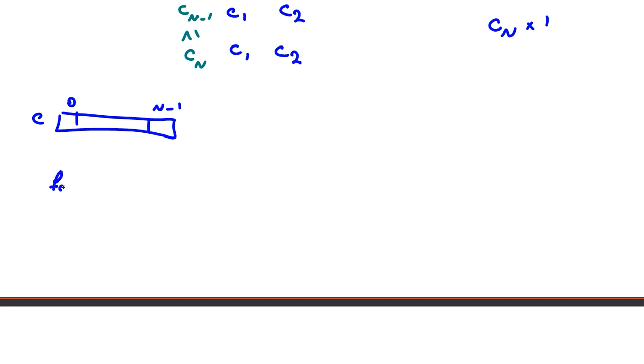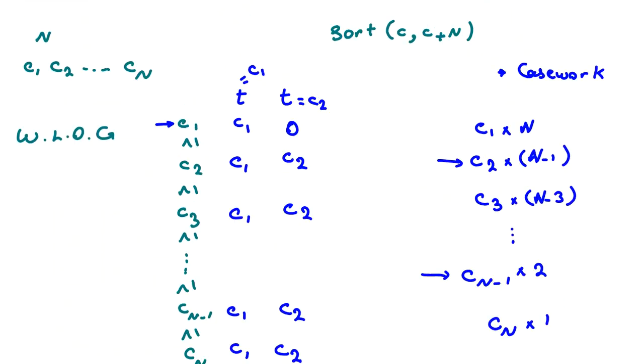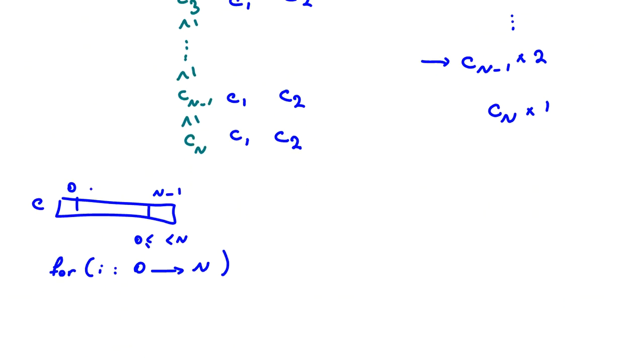And then you say, okay, for i from 0 to n, strictly smaller than n, which means at least 0 and strictly smaller than n. Here we input C[i]. Before that, you should sort C, okay? You sort C plus n. You get input and then sort.